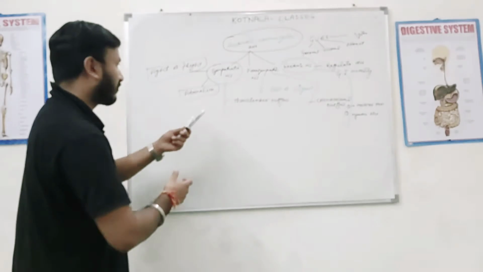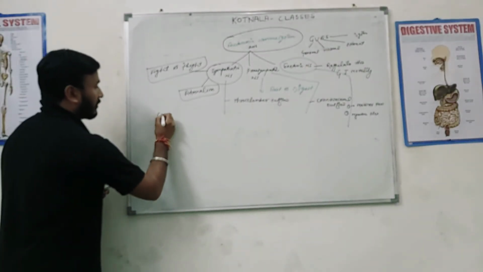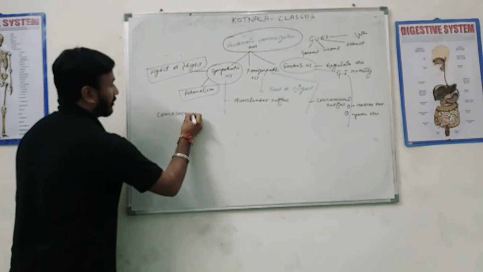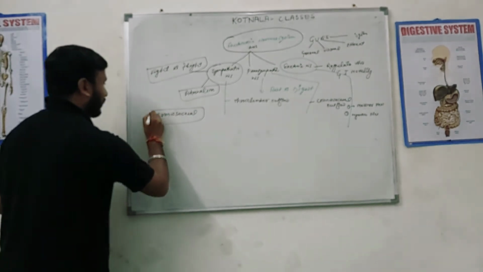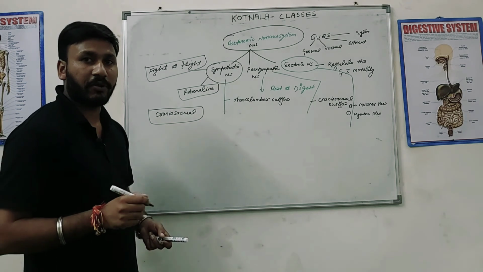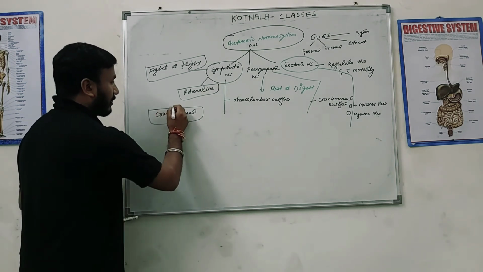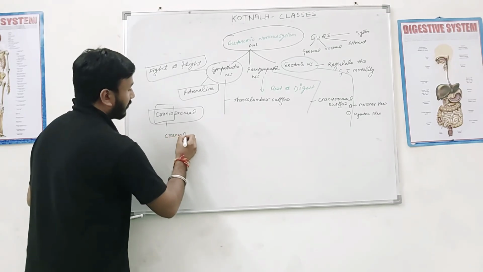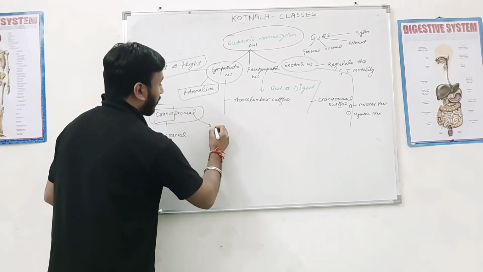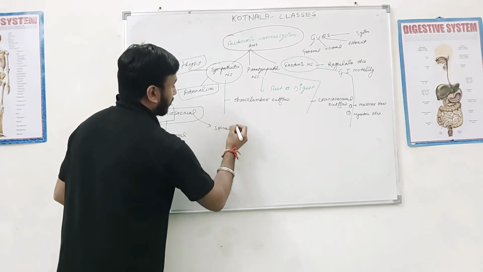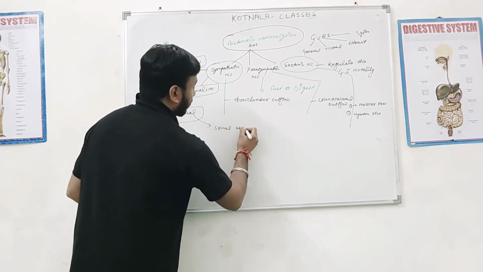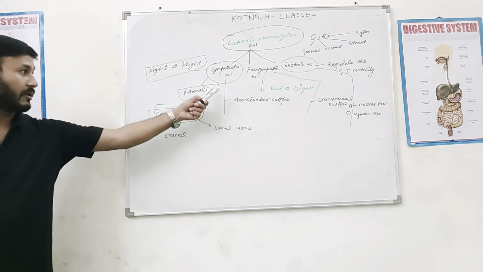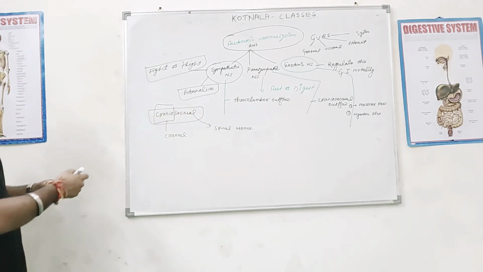That means both parts of the nervous system are associated with this. First, cranial nerves are associated, and some spinal nerves are also associated. Which cranial nerves are associated with the parasympathetic nervous system, the rest and digest system?